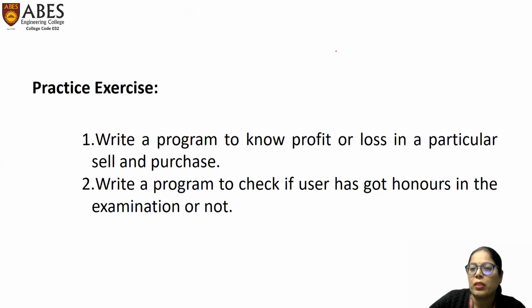If SP minus CP is greater than zero, then you print profit. Else, if SP minus CP, that is selling price minus cost price, is less than zero, then it is loss. Similarly, we have another program to check whether the user has got honors in the examination or not. Honors means if you get more than 75%, it is considered honors. So you have to do these two programs for practice.